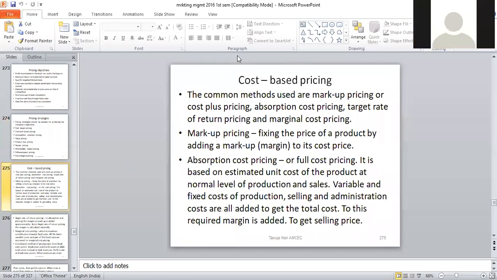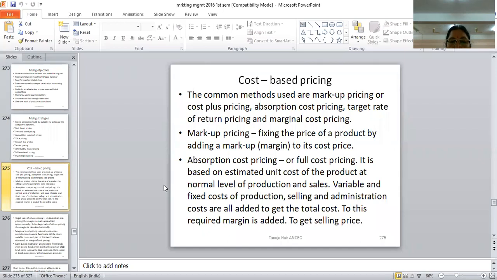So based on that, they will fix a price for the product. In cost-based pricing, you have markup pricing, absorption cost pricing, and marginal cost pricing. These are the three types of pricing which is used in cost-based pricing. This is a very common method which is used by most companies.